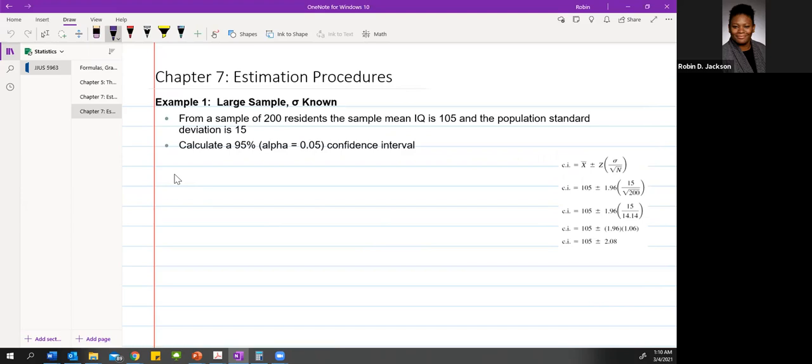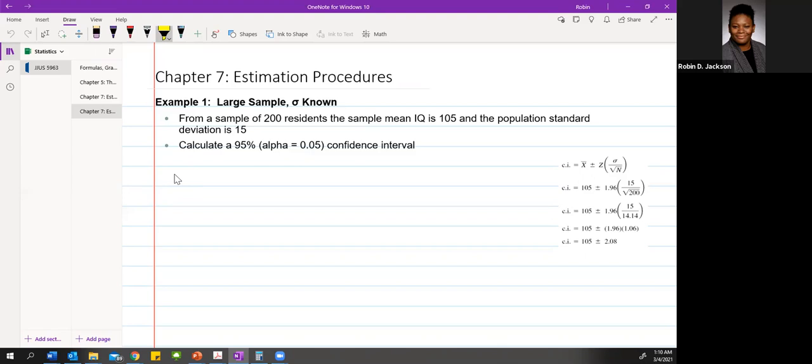I do have the steps of the problem here, but I'm still going to go through all the steps so you can walk through it in real time with me, versus wondering how they jumped from this 200 to the 14 divided by 14. You'll see me calculate and go through all of the steps.